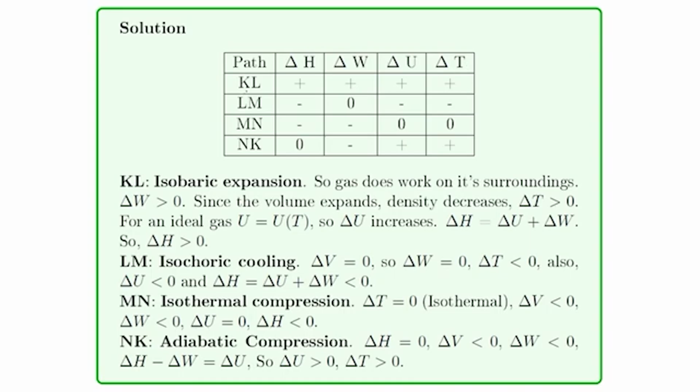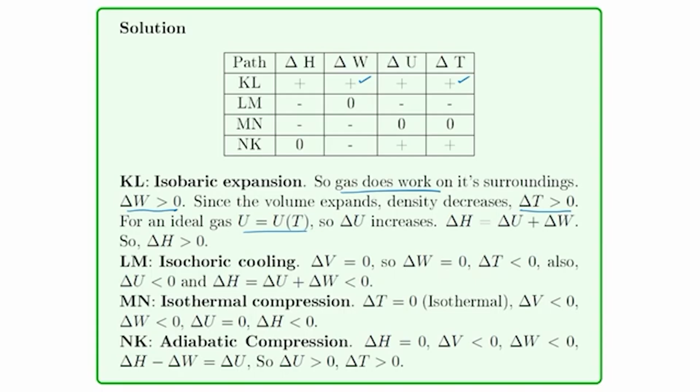So if you look at KL, which is an isobaric expansion, which means P is constant, the gas does work on the surroundings, which means delta W is not zero. Now, since the volume expands, the density decreases, so delta T has to be greater than 0. That is why it is written as plus and plus here, and for an ideal gas it is important that U is only a function of temperature.